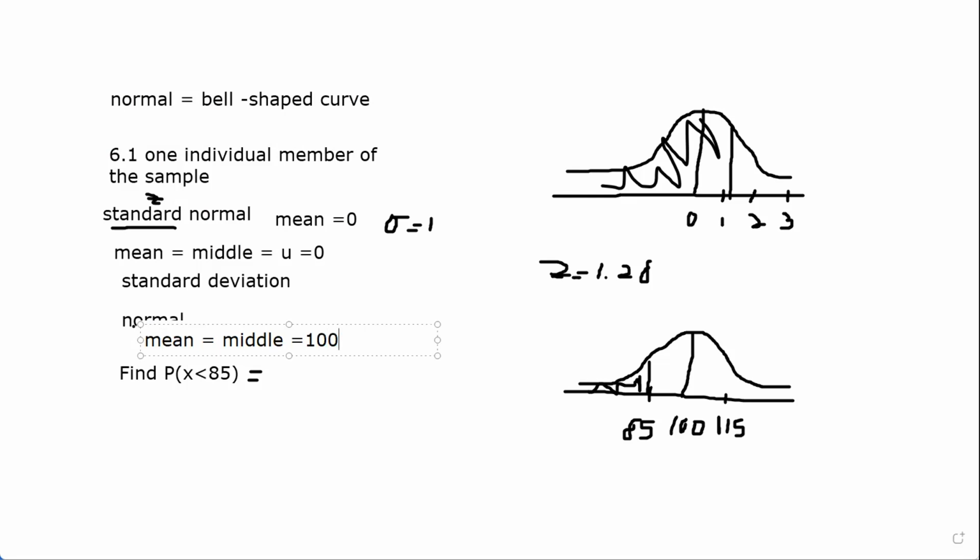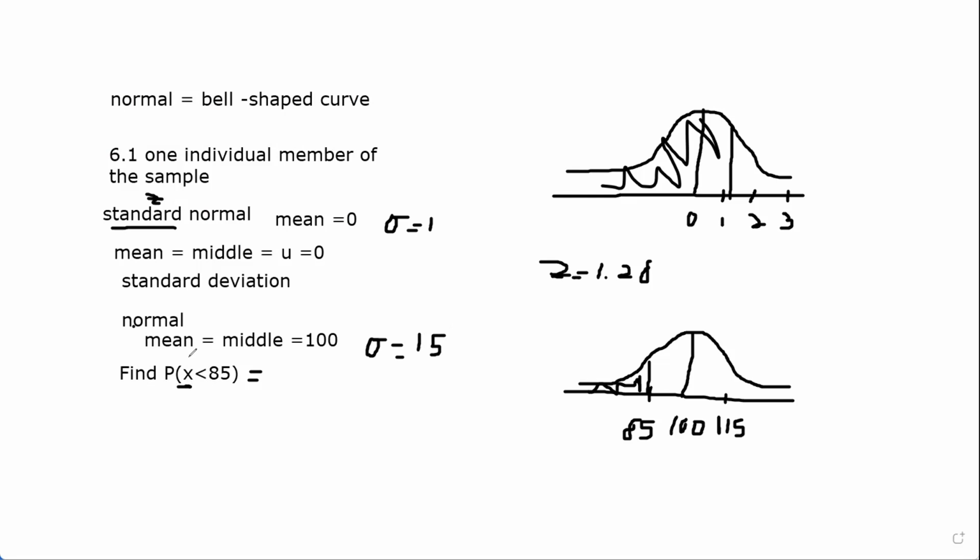100. Okay? Standard deviation sigma is the spread of the data and this is 15. To do this calculation, I have to convert, this is called a raw score, in case you want to know the term.